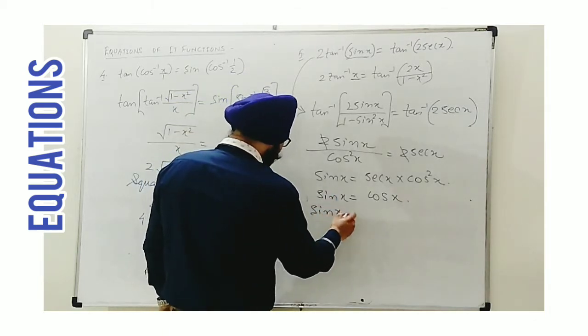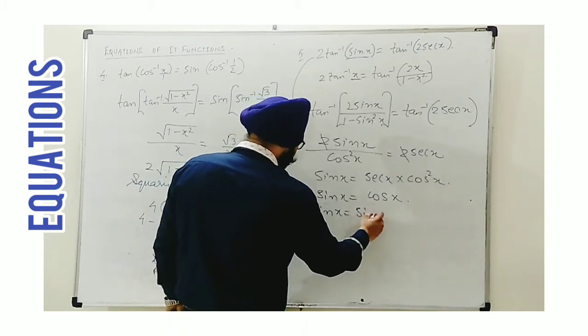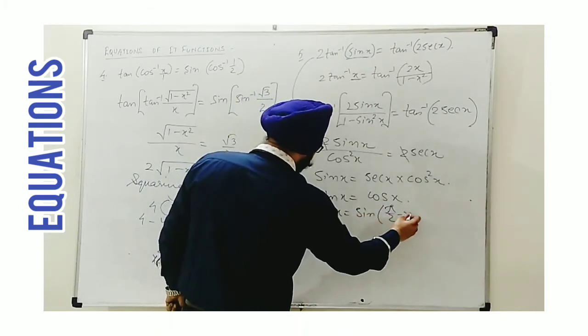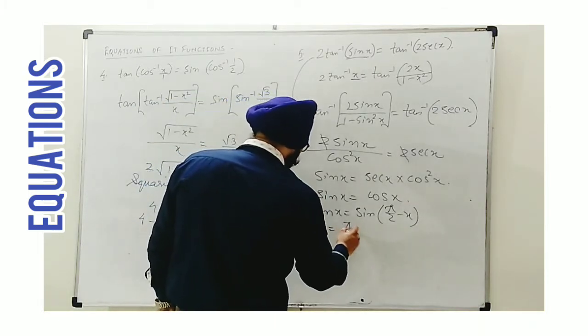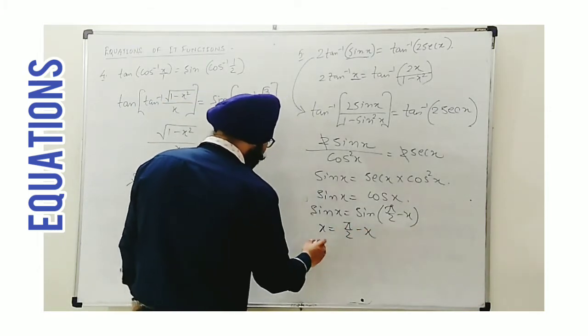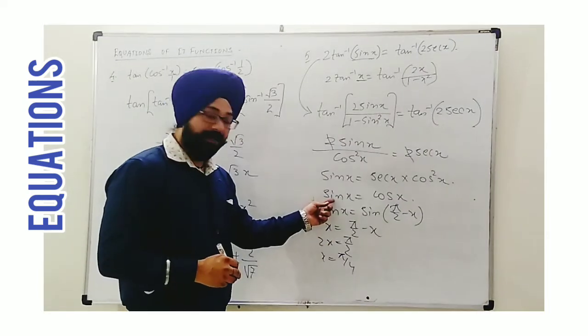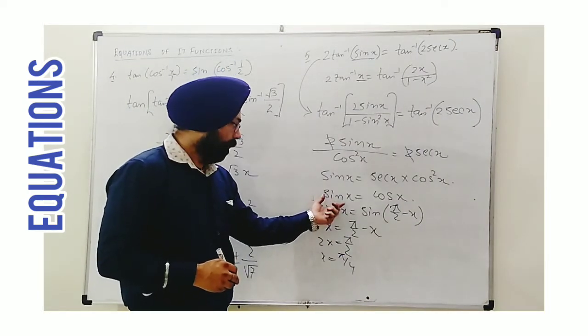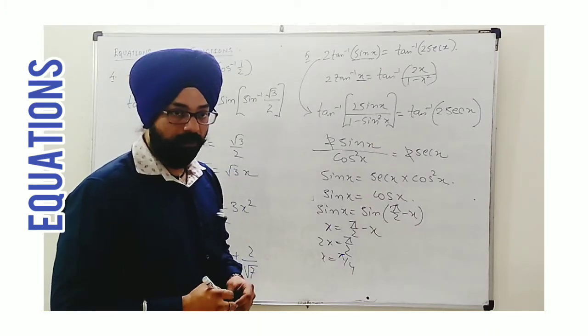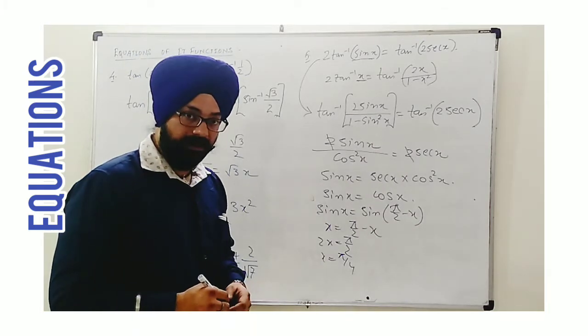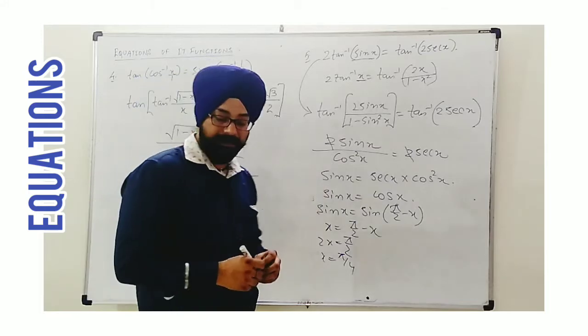We can write sin x as sin of pi by 2 minus x. By comparison, now we can say x is equal to pi by 2 minus x, so 2x is equal. We can also apply here the method of a cos theta plus b sin theta, applying the compound angle method, and we can get the answer.